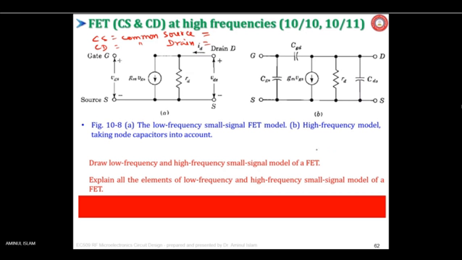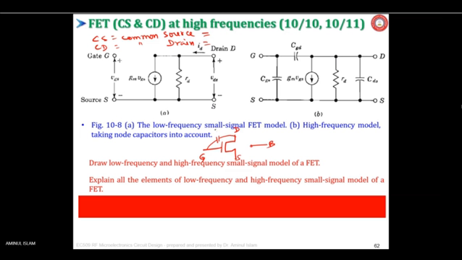So MOSFET, if you draw the symbol, this may be the N MOSFET, and this N MOSFET has various capacitances. So this is the drain node, this is the source, this is the gate node. And there is a body also, the body terminal.